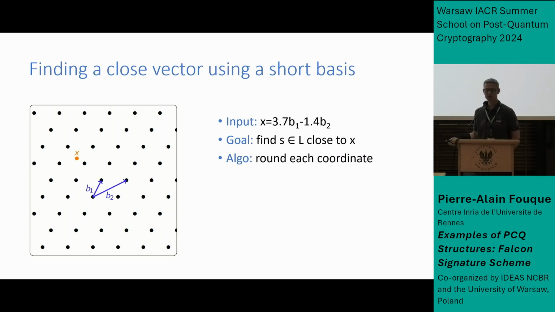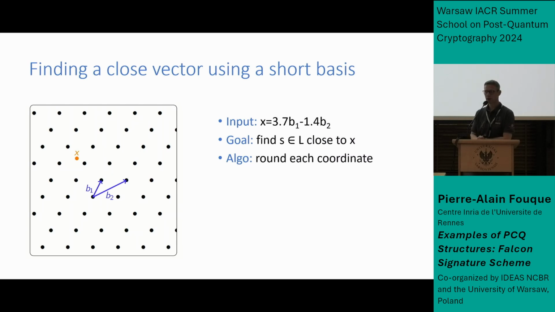Okay, so this is the main building block. As input you have some value x that is not an integer combination of the basis elements, so this is not a lattice point. The goal is to find a vector of the lattice that is short and close to x. That does not mean that this is the shortest lattice point, but it will not be too far from it.